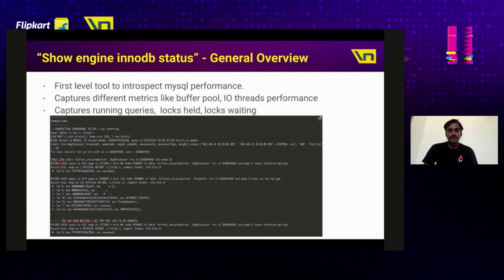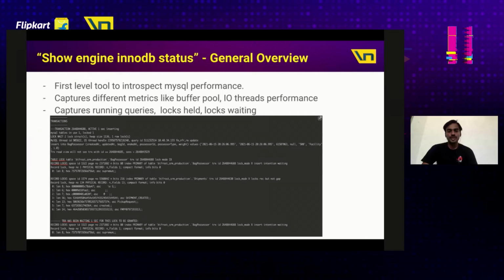So after we encountered this issue, we ran this command called SHOW ENGINE INNODB STATUS, which Rahul already covered earlier. We run this command inside the MySQL console, and this is the first level tool we use to introspect any MySQL performance. It captures metrics like buffer pool, IO threads, and other performance data, and it also shows different transactions and different queries.